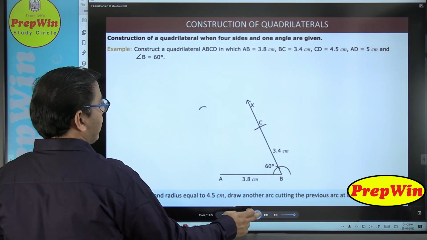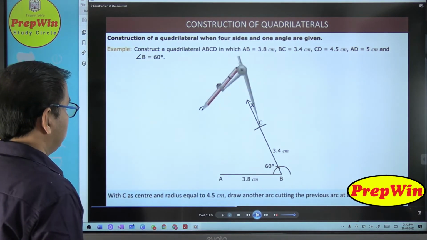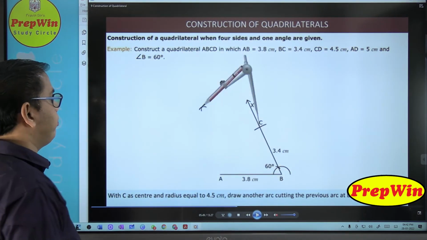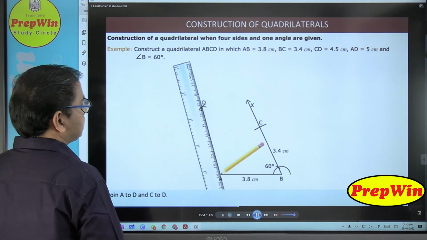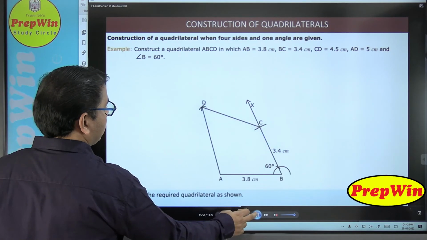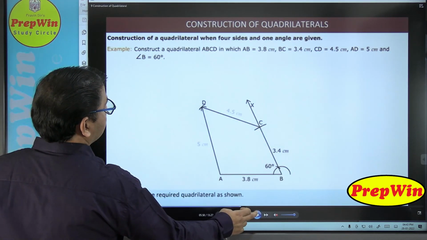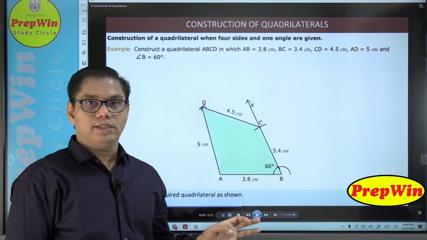Then take 4.5 centimeter, place the pointer on C and cut this arc. So you have all 4 points A, B, C, D. So draw the other segments and complete your quadrilateral ABCD. Also write the measurements. So this was the last quadrilateral of this kind.